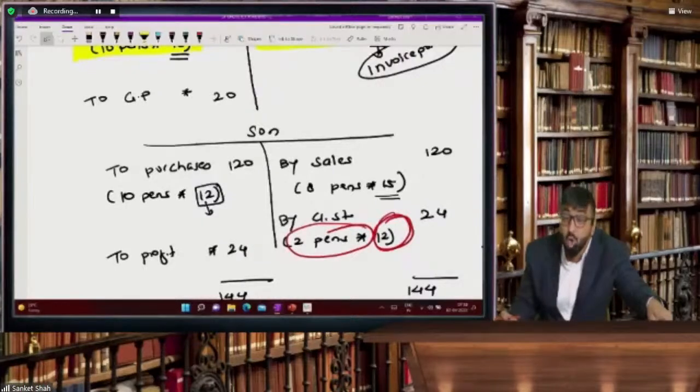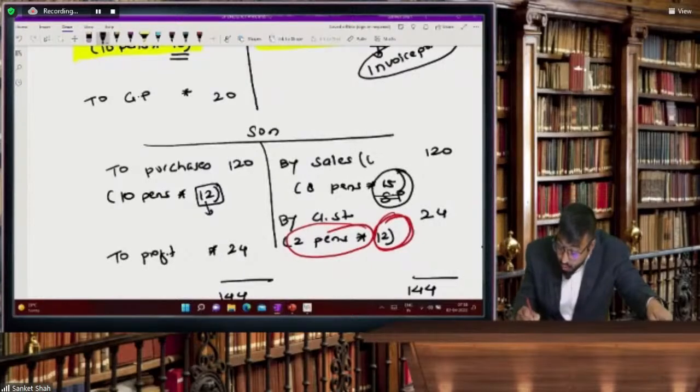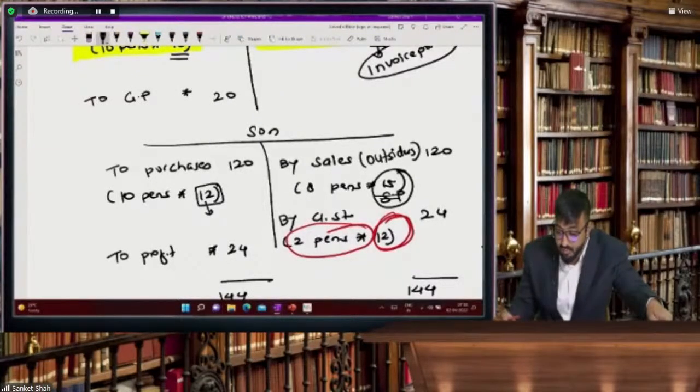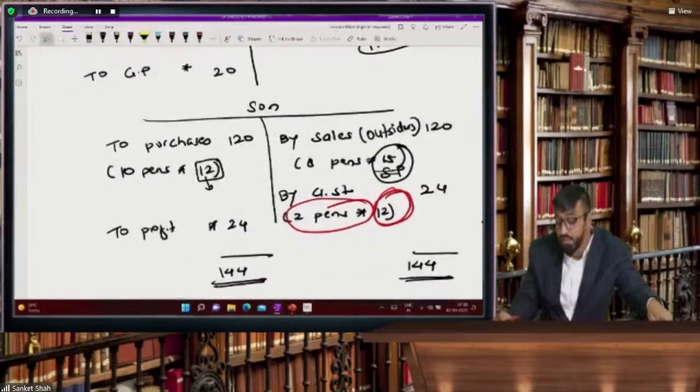But out of these 10 pens, son is now selling 8 pens to outsiders at 15 rupees. And now he is left with 2 pens. He will record them at his purchase price, which is 12 rupees.